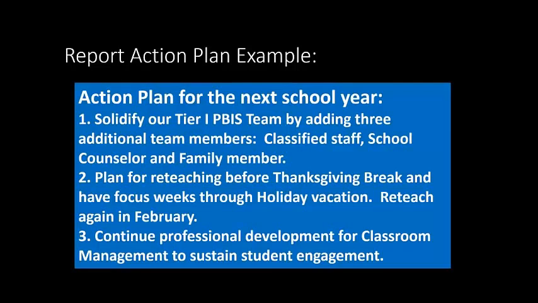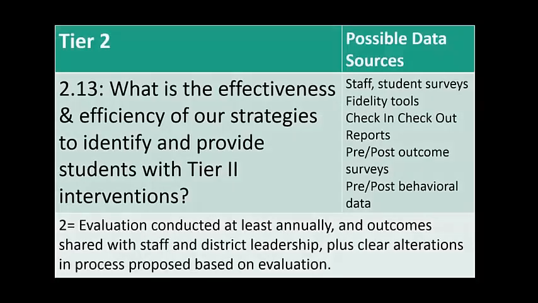So this information can be used by the team and the school in planning for the next year, but it's also great information for the school district, for school families to know, and this can meet the needs of all involved. In Tier 2, it's what the effectiveness and efficiency of our strategies for what we provide with our Tier 2 interventions.